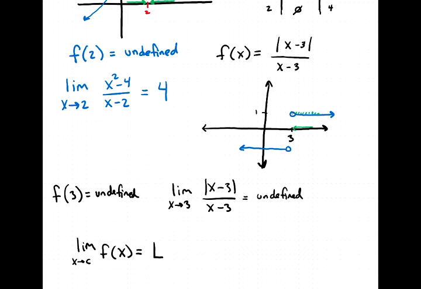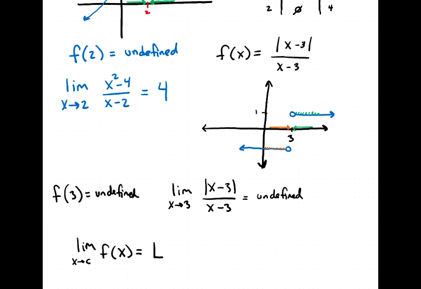It's still a location. But coming from this direction, all the points on the graph are down here. So when x is 2.9, 2.99, 2.999, getting closer and closer to 3 from below, the y values are all negative 1.